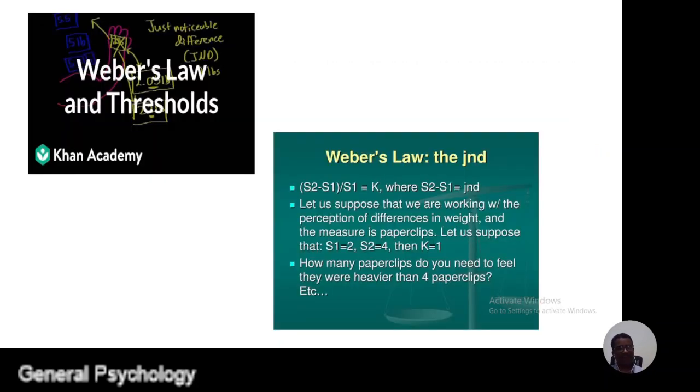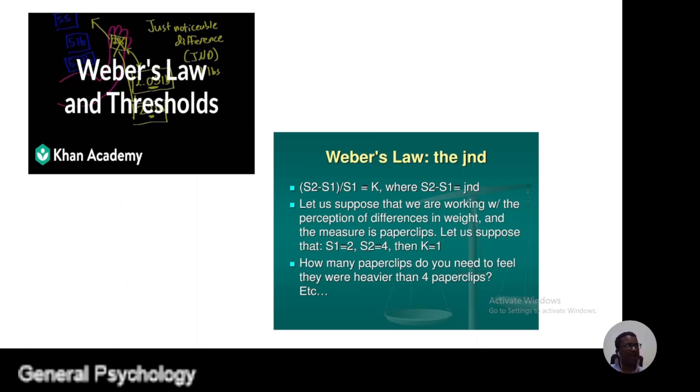This is an example of Weber's law that describes threshold, the just noticeable difference, or what is called JND. Weber's law was formulated by this scientist to identify threshold differences among individuals because of individual differences or environmental differences.